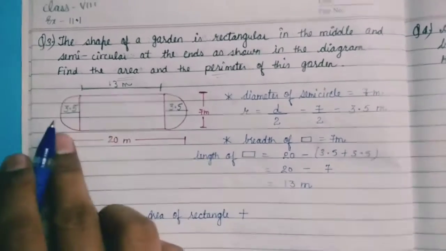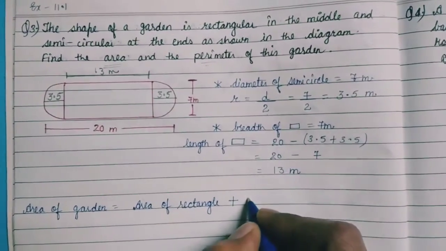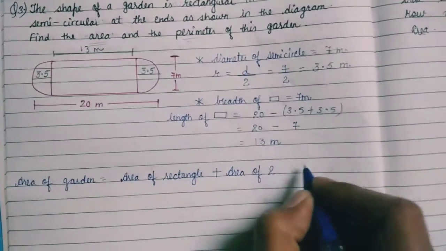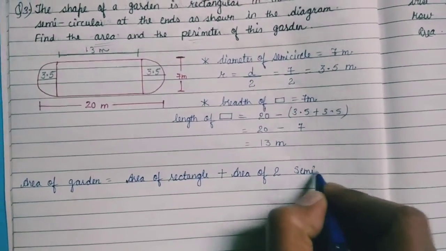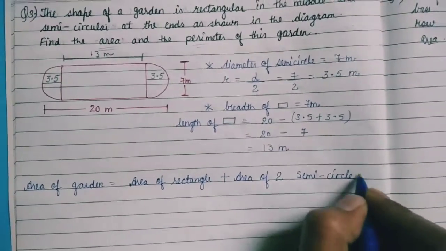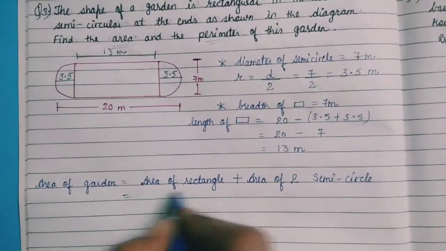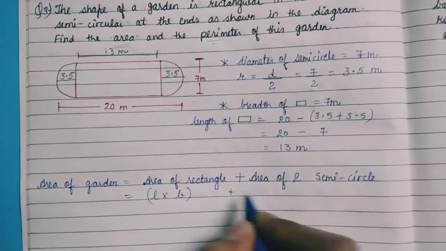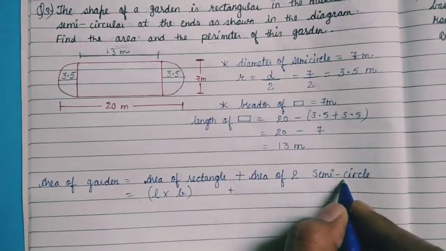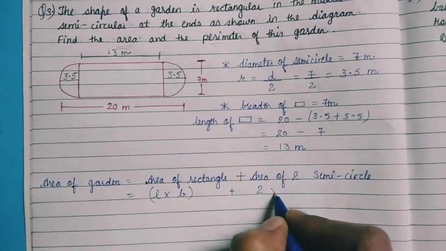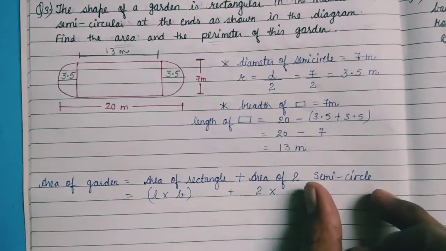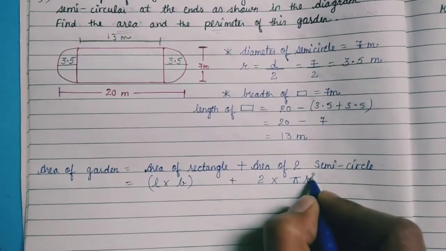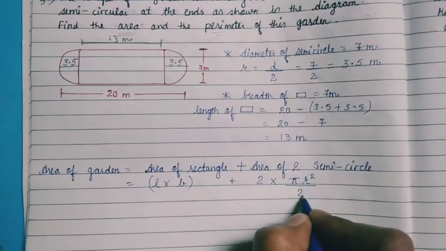And how many semicircles do we have? We have 2. It means the area of 2 semicircles. The area of the rectangle is length into breadth, which will be added to the area of 2 semicircles. It means 2 is multiplying the area of a semicircle. The area of a semicircle is pi r square by 2.